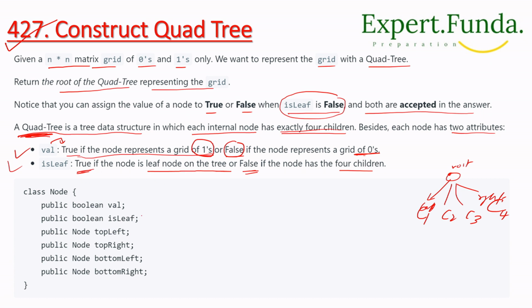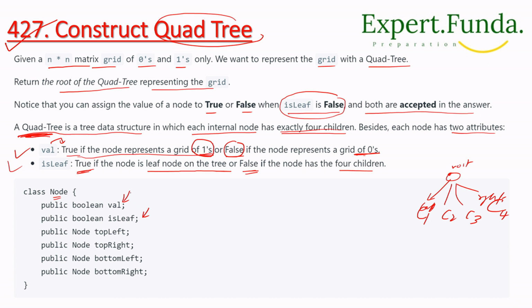So if we represent this node for the quad tree as a class, it should have val and isLeaf first. We assign val true if the grid is ones and false if it is zeros.